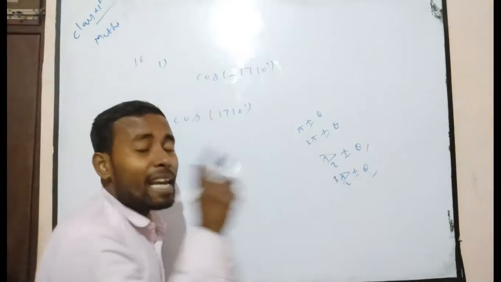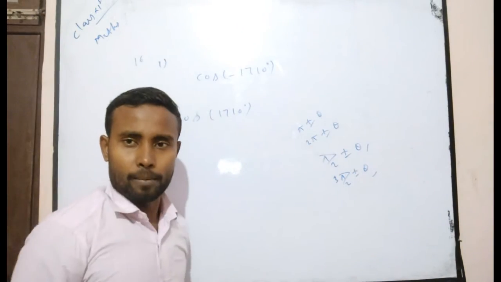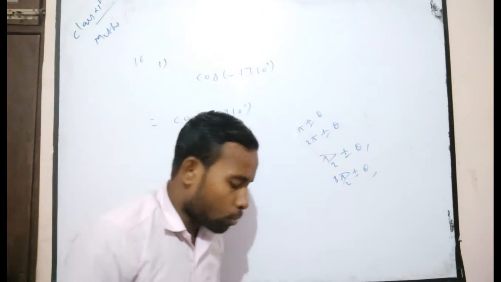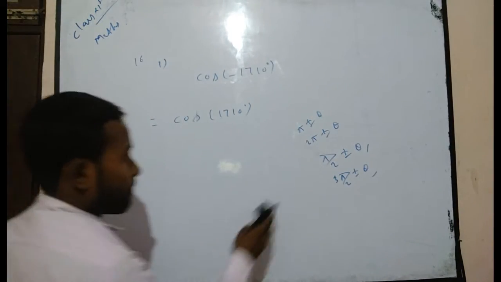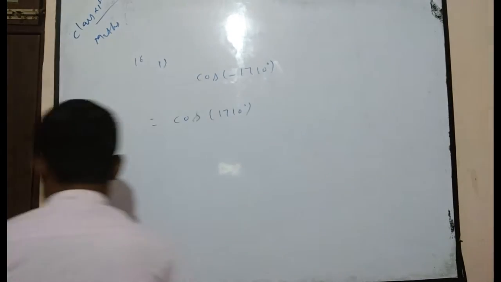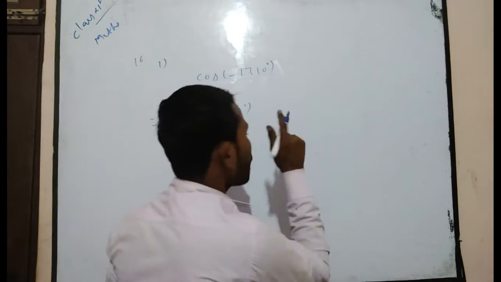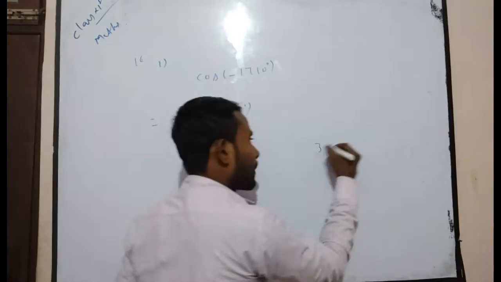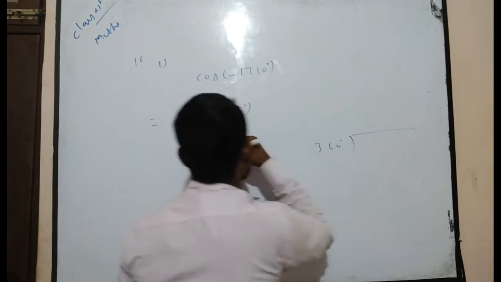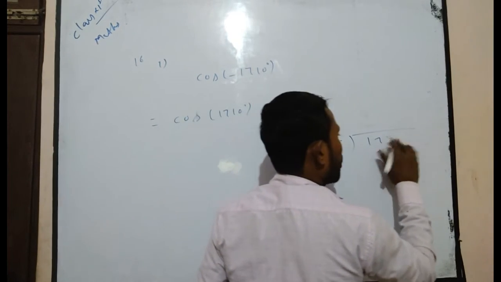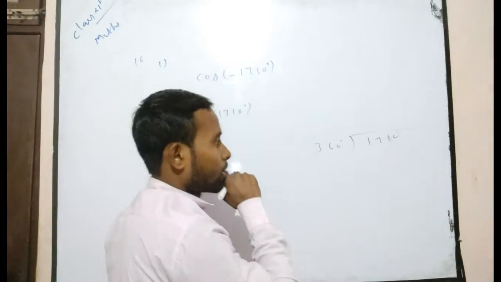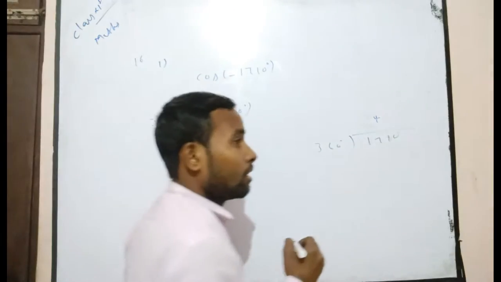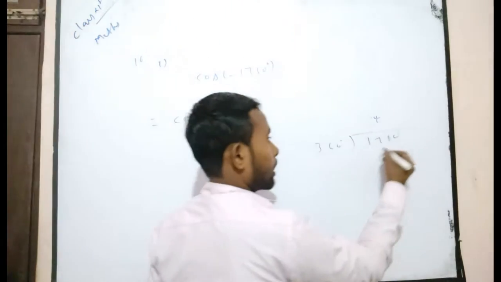If the given angle is above 360, then you have to proceed this way. You first divide the given angle by 360 degrees. If you divide 1710 by 360, it divides 4 times, and you get a remainder.